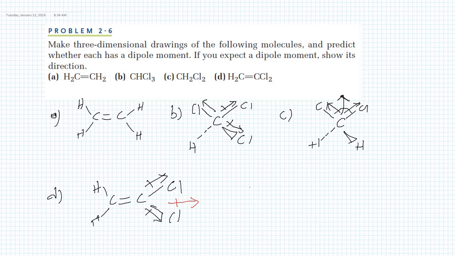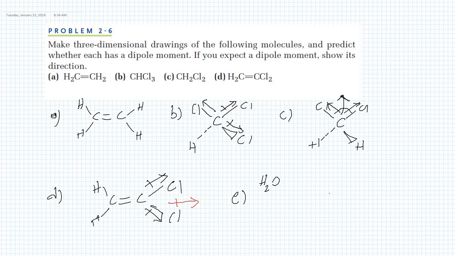We solved four options, but let's solve one more option. Let's add one more option to this question. Let's say E for the water molecule. Let me write the molecular formula. And do we have a net dipole moment for the water molecule? We need to draw its 3D drawing.